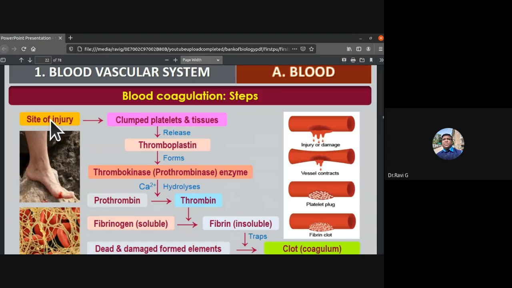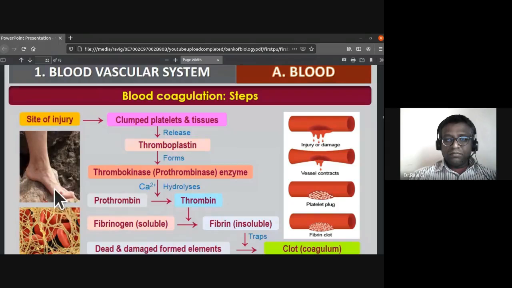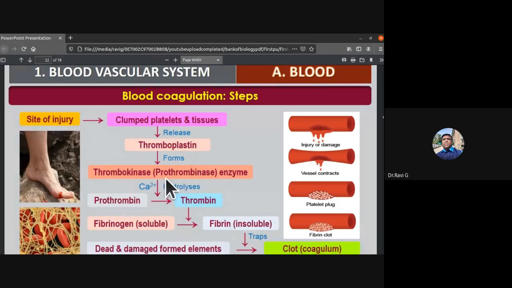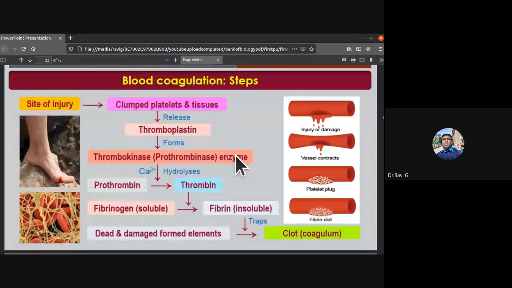So at the site of injury, the clumped blood platelets and tissues release thromboplastin. Thromboplastin forms thrombokinase, that is prothrombinase enzyme. In the presence of calcium ions, this enzyme hydrolyzes the inactive prothrombin into active thrombin.